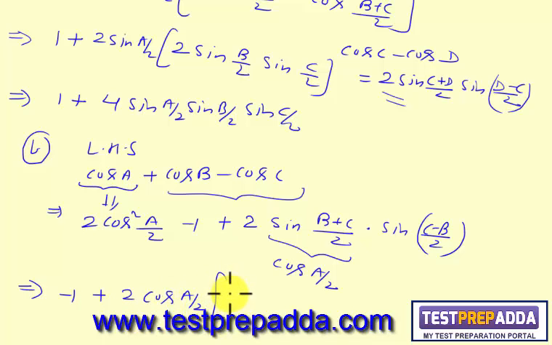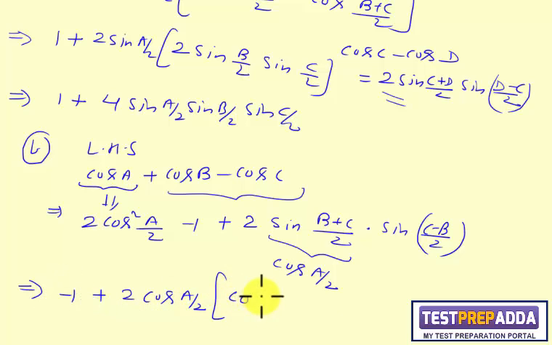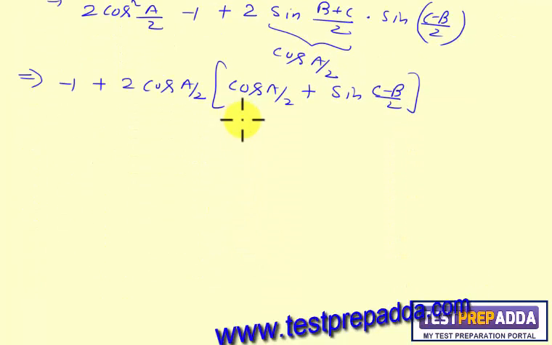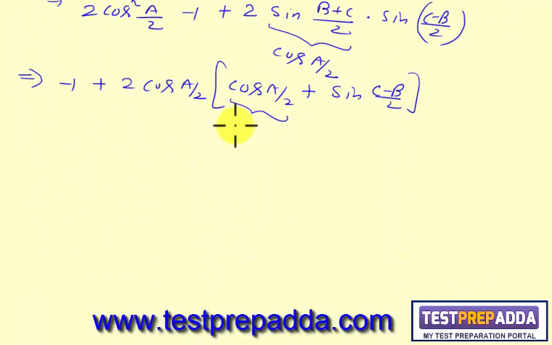Inside the bracket, what will you write? We will write cos A by 2 plus sin (C minus B)/2. Cos A by 2 can be written as cos of 90 minus (B plus C)/2, and 90 minus something will become sine.